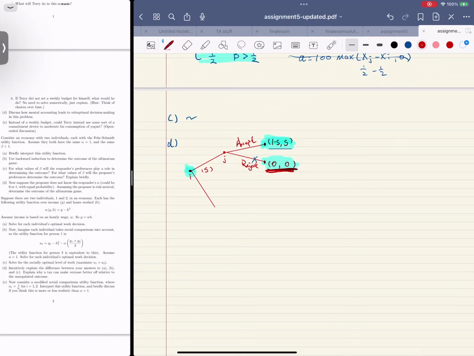This is 1/2, this is 1/2, the probability of J's alpha equaling 0.